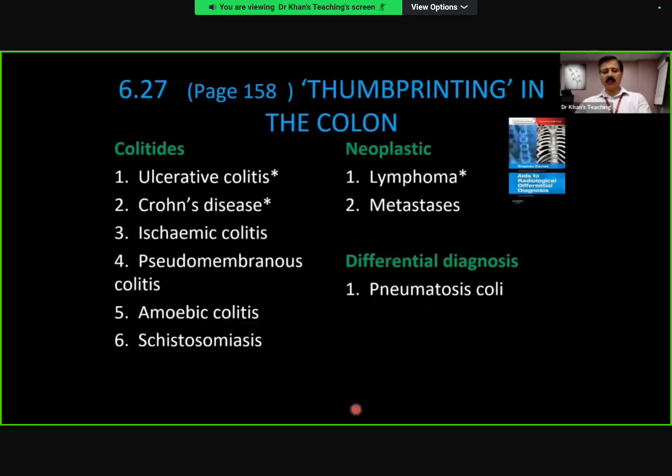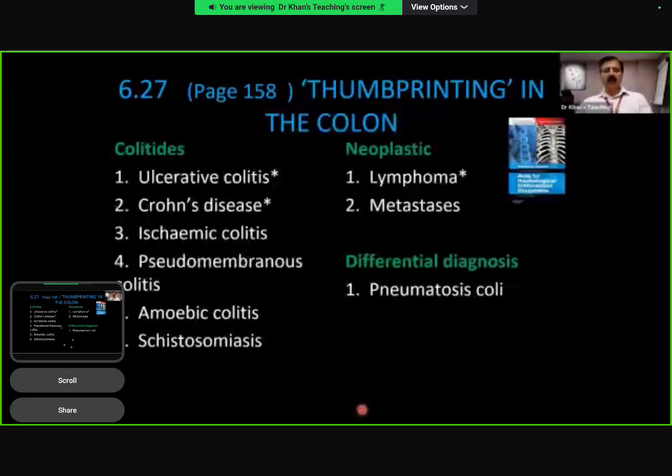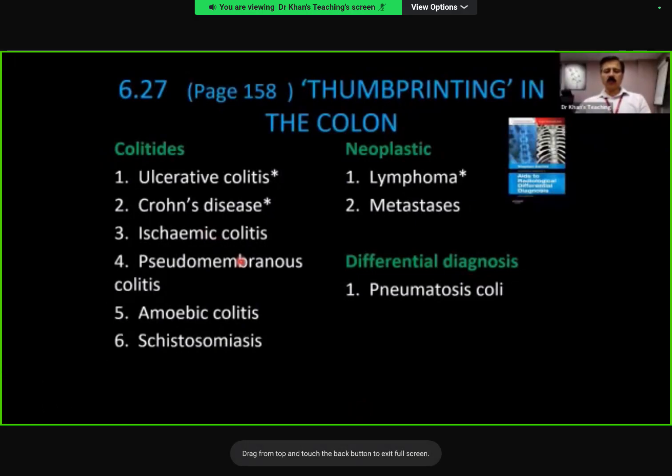Now, interestingly, this differential was there in the previous editions. I just wanted to show thumbprinting to you again so that you know that this word should be in your vocabulary. And the point is that it's a non-specific finding.